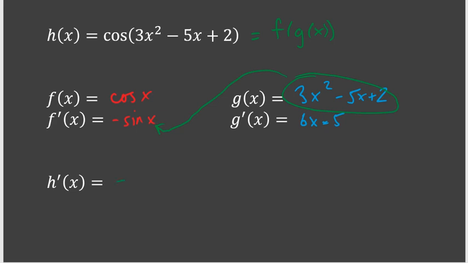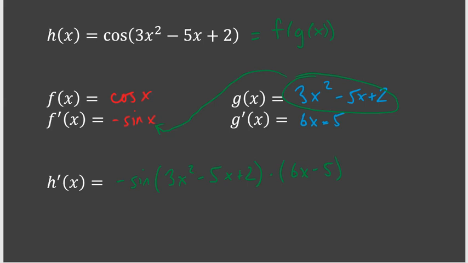So I'm going to have minus the sine of 3x squared minus 5x plus 2. That's our f prime of g of x part. Now times g prime of x, so times the 6x minus 5.